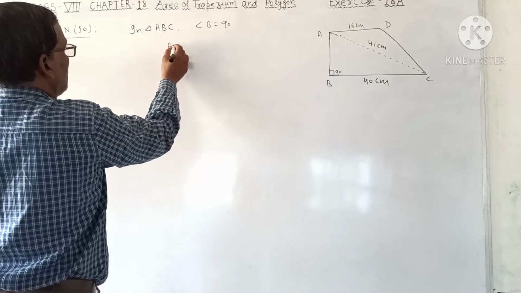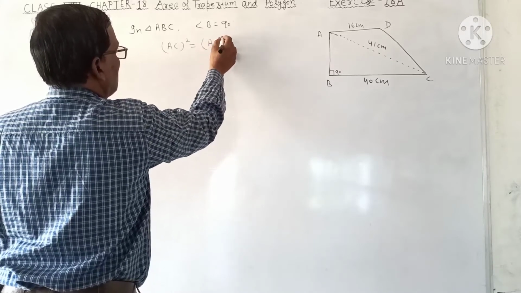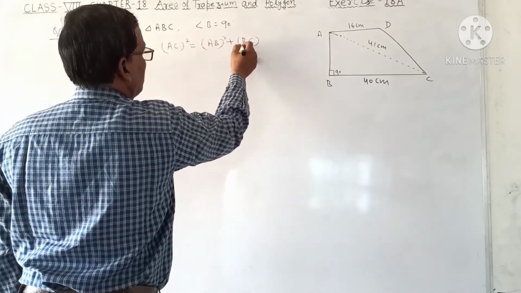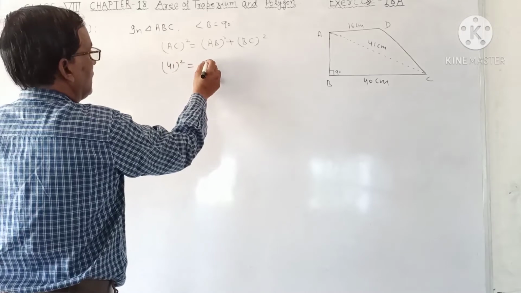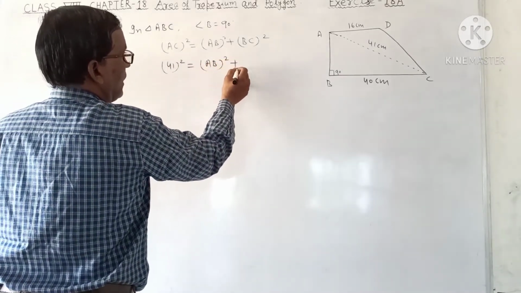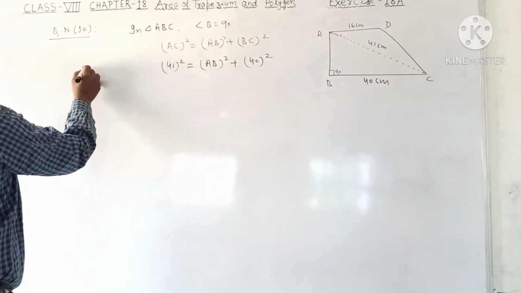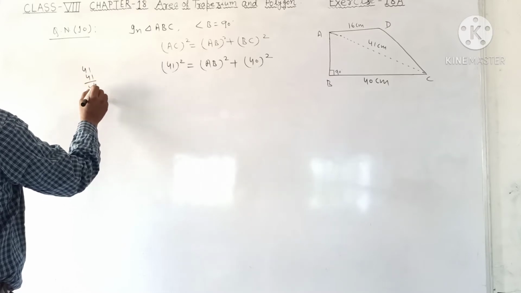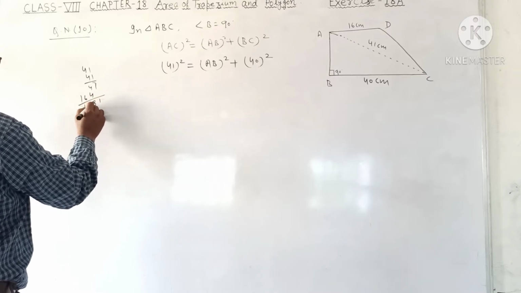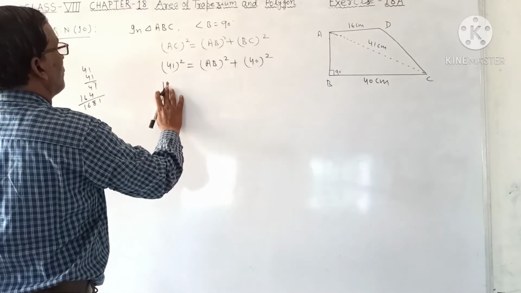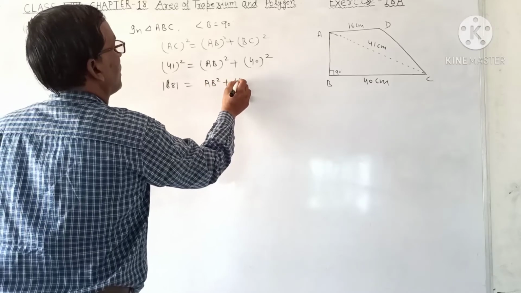Therefore, AC square equal to AB square plus BC square, and AC square equal to 41 square, and AB we have to find out, and BC equal to 40. 41 square equal to 1681. 1681 is equal to AB square plus 1600.